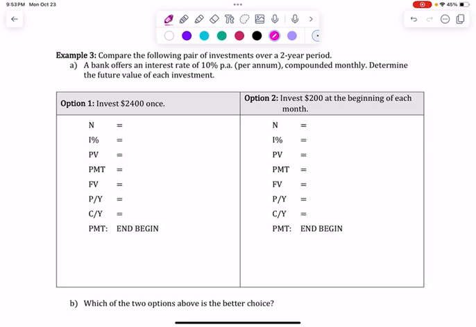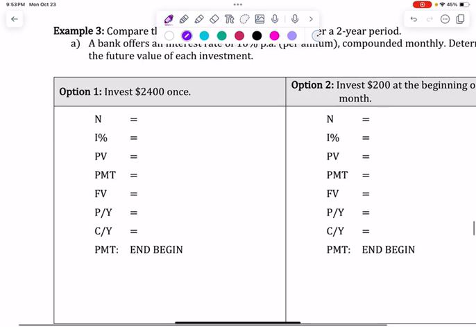Go. And welcome back. All right, so I'm going to take a look at the first one here, and I'm going to go through it relatively quickly. I know that my interest rate is 10%. I'm investing my money all at once, so that's negative $2,400. There's no talk about a repeated payment, so my PMT is 0, my PY is 1, and my payment timing is end by default. I know I'm compounded monthly, so this gives me a 12.